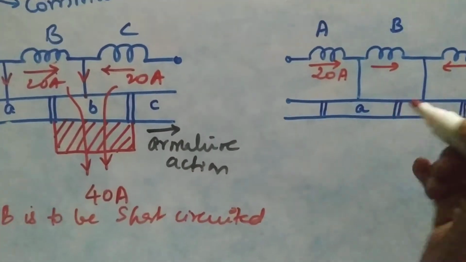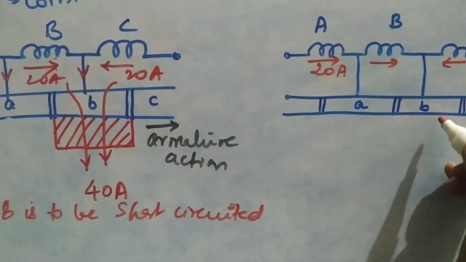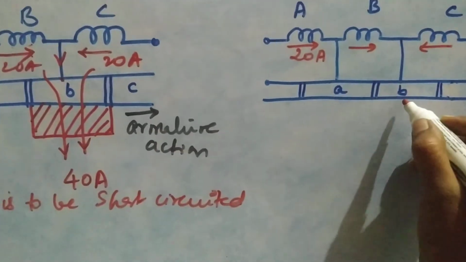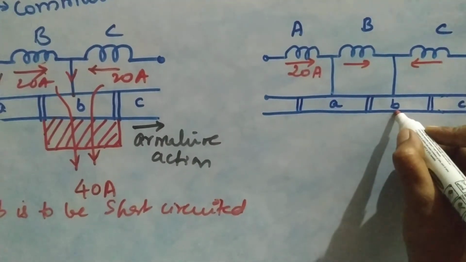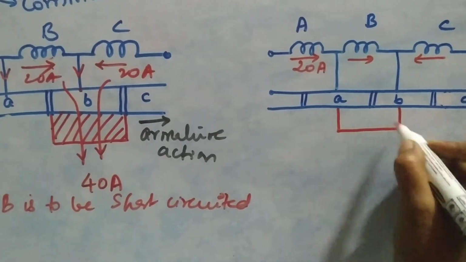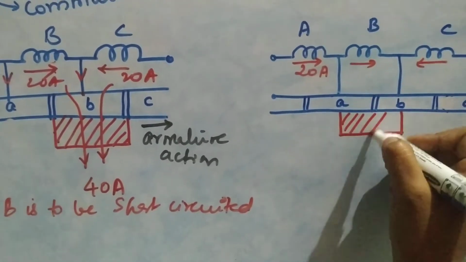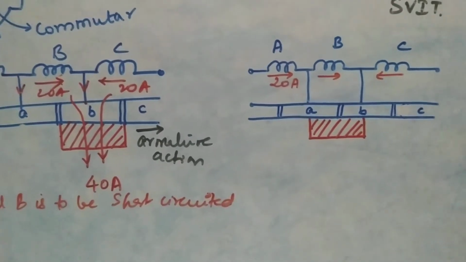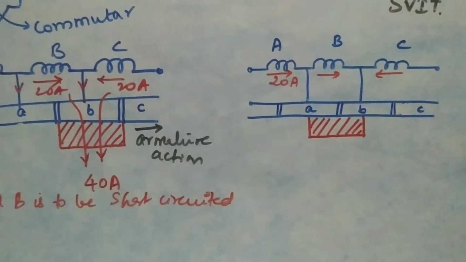You will find the brush will be at this point. So this is coil B entering into the short circuit period.